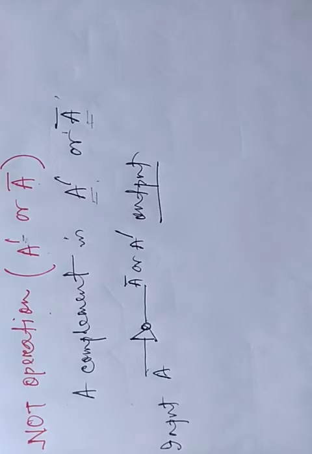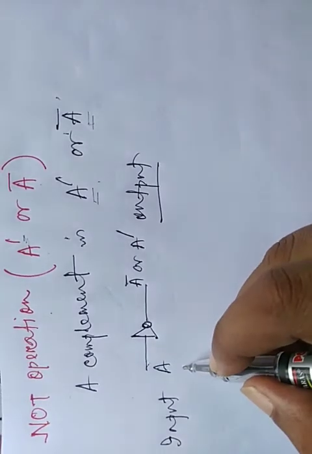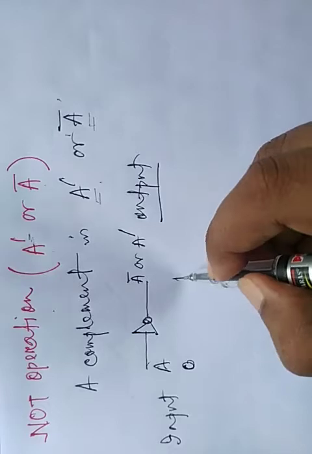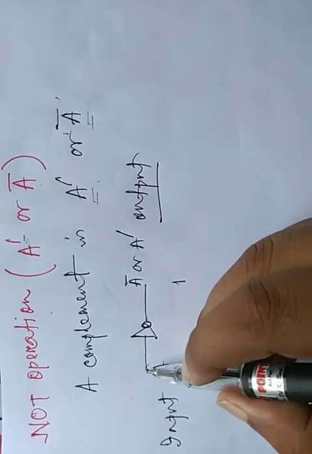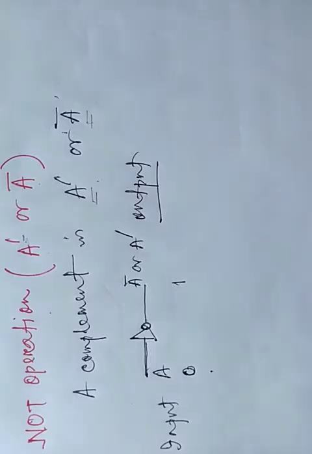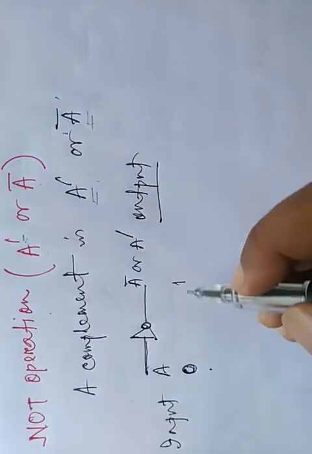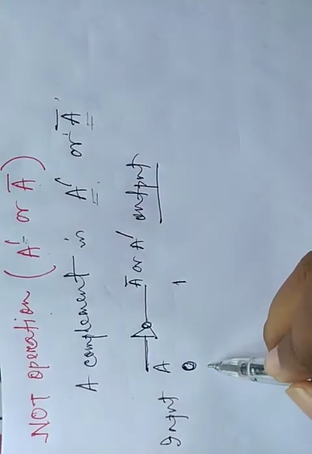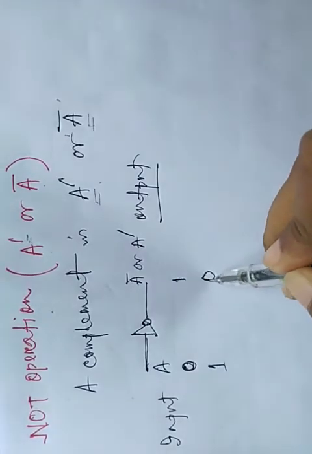Complement means if the input is 0, output is 1. Only one input signal is there, so for binary operation, either input is 0 or input is 1. If the input is 0, output is 1. If input is 1, we get output as 0. These are the truth table.